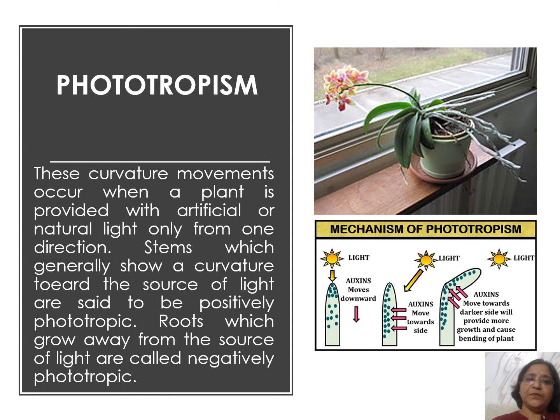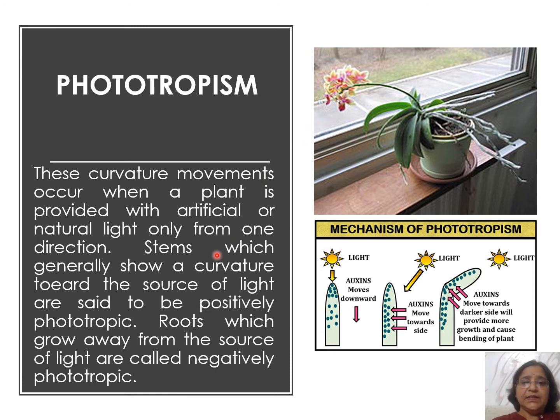What is phototropism? You must have heard about phototropism, and you must have performed the experiment also. These curvature movements occur when a plant is provided with artificial or natural light. The light may be natural or you can have some lamp there, and the plant will also show the movement.